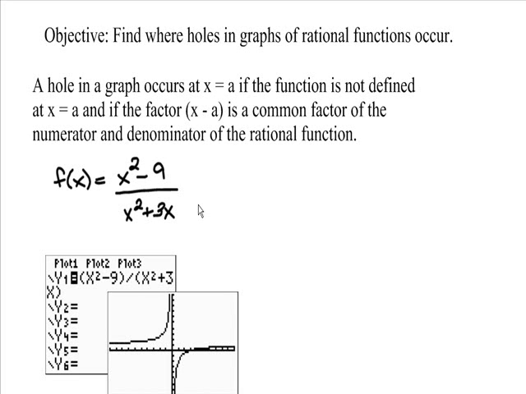Okay, so to find the domain we would have to think about where is the denominator equal to 0, right? So where is x squared plus 3x equal to 0? And that is where we get x times x plus 3 is equal to 0. So this is equal to 0 at x equals 0 and at negative 3.